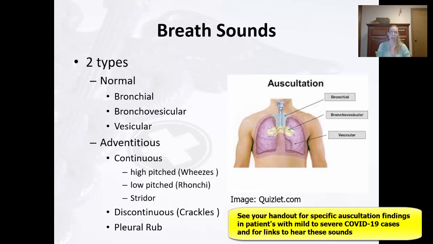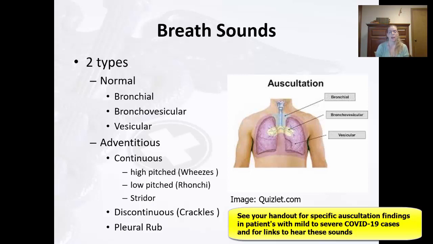It's very loud, like a roaring sound. Remember that sound travels louder through a water than an air medium, and so breath sounds are going to be louder if there's fluid or water in the airway, and there's a lot of water content in mucus.